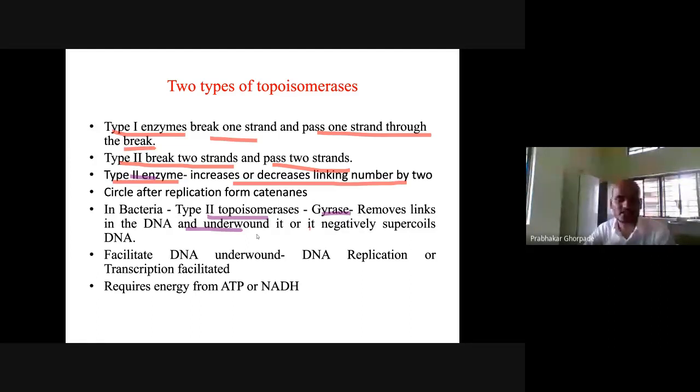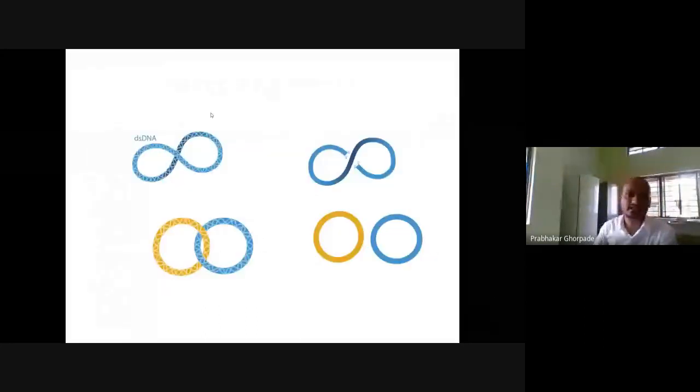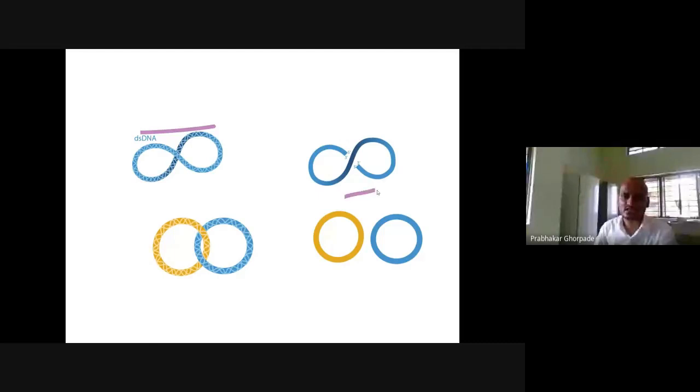DNA replication or transcription is facilitated, and it requires energy in the form of ATP. So this is double-stranded DNA. When topoisomerase 2 is acting, it may cut these two strands and allow them to encircle each other, or separate like this.